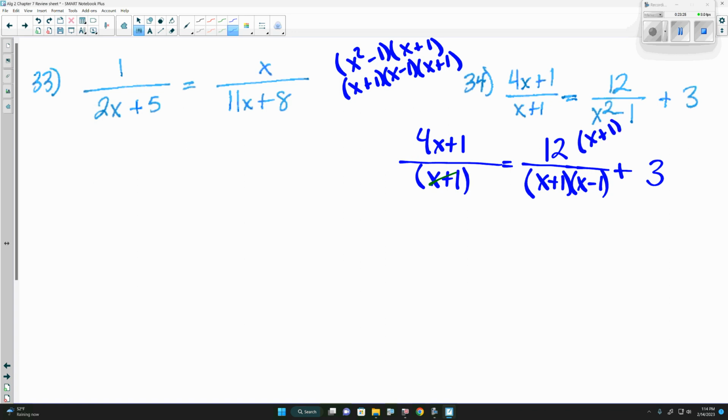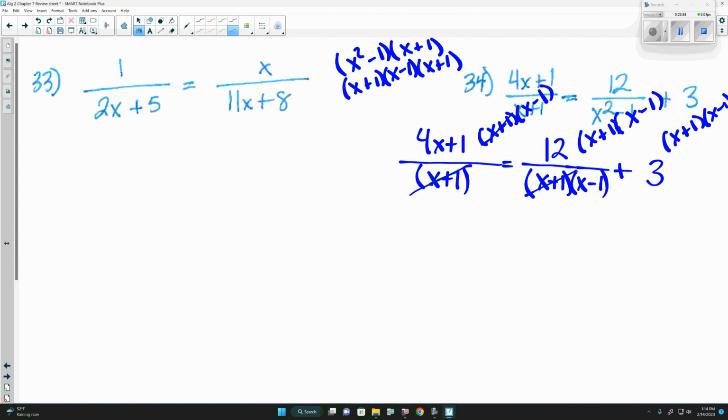That's not as nice. Now if we just multiply by x plus 1 times x minus 1, because that's really all we need, the x plus 1 and x plus 1 will cancel.